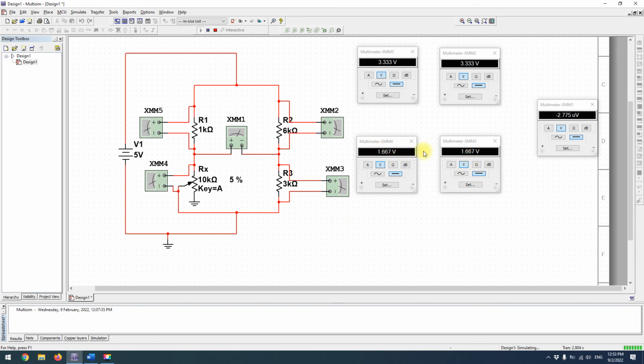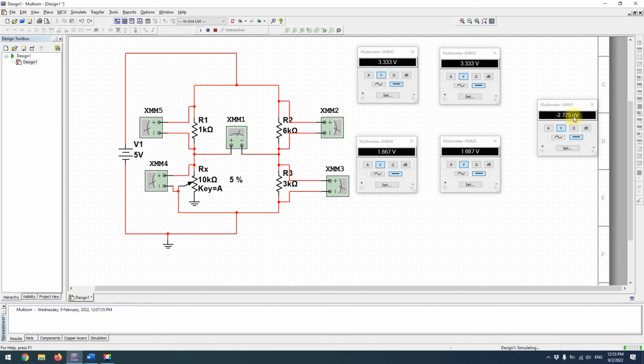So you can see that point VA here is equivalent to point VB, because we are measuring VAB. XMM1 is measuring VAB, which you're supposed to get 0, but it's showing microvolts. So we are assuming it as 0.